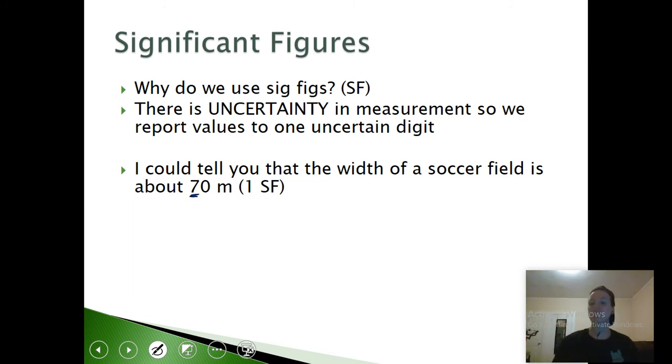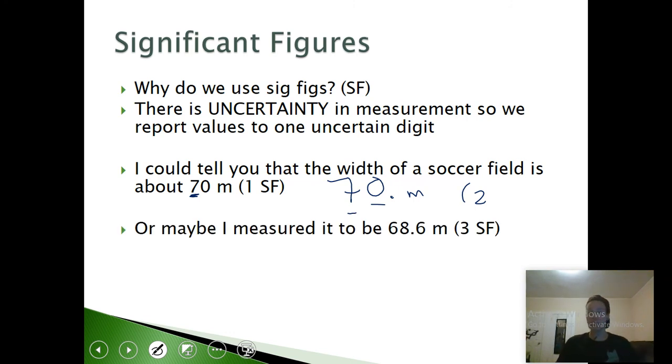If I said that it was 70.0 meters, which has a decimal point next to it, then it would be 3. Because this first 70, maybe it was only 68, maybe it was 72. I'm estimating. Maybe I got a tape measure out and measured it to 68.6 meters. Now I've got 3 sig figs. That's more accurate, more precise.